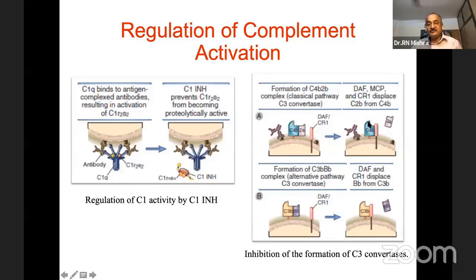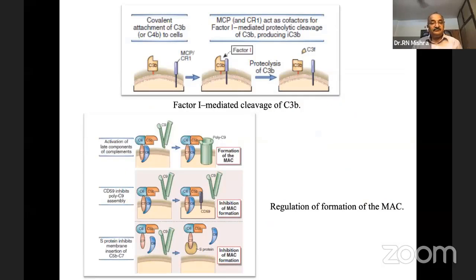A condition called paroxysmal nocturnal hemoglobinuria is because of deficiency of DAF protein. Formation of the C3bBb complex, the alternative pathway C3 convertase: DAF and CR1 displace Bb from C3b. So this is the checkpoint that regulates the activation of both classical and alternative pathways.